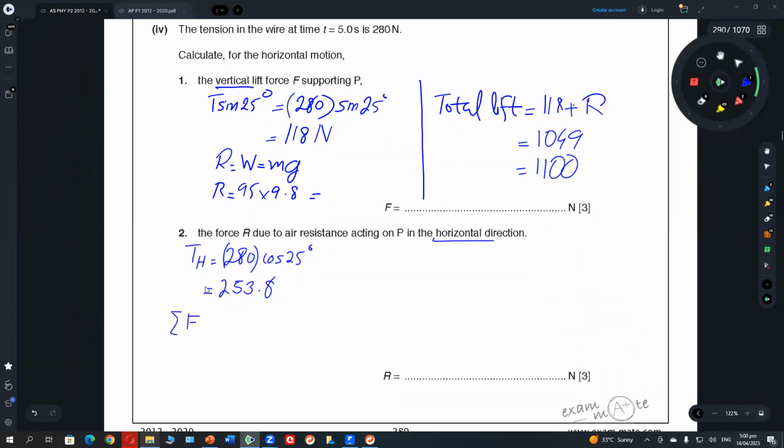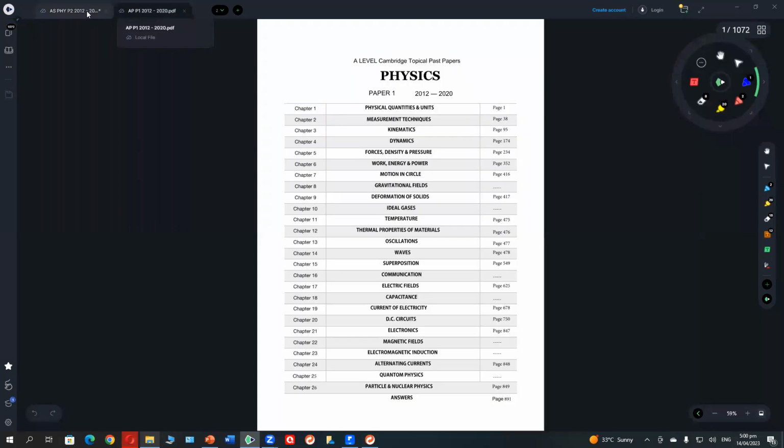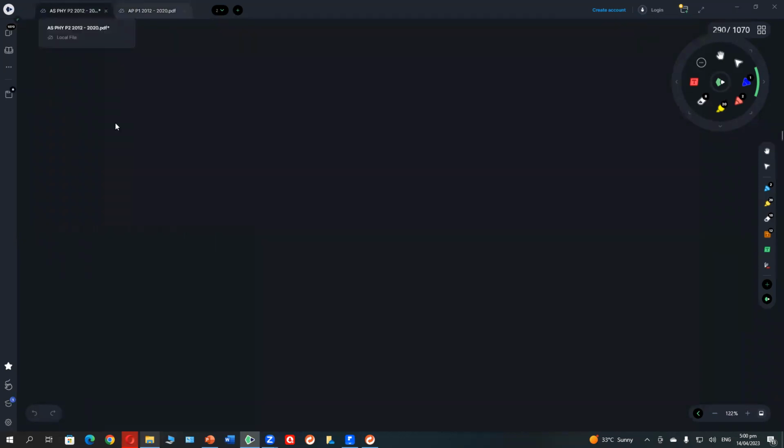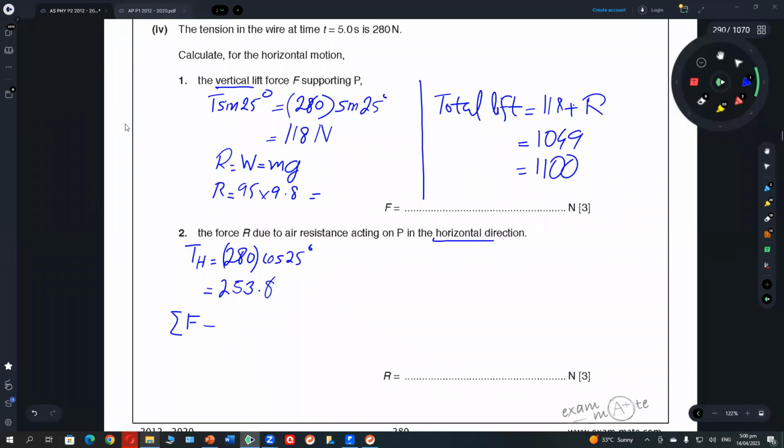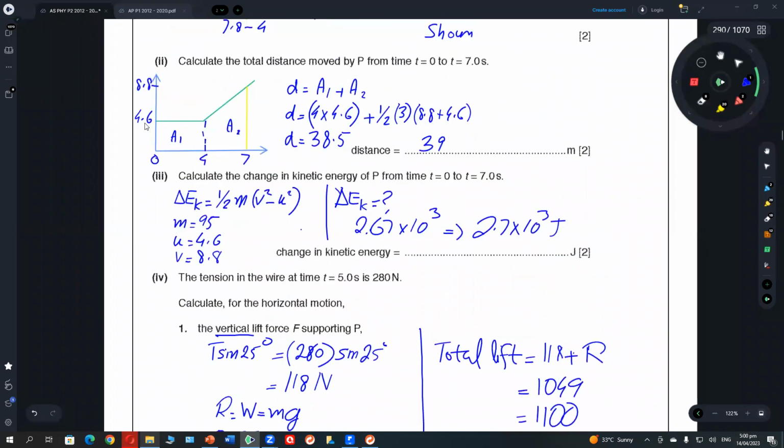Resultant force is always equal to MA. We got acceleration.